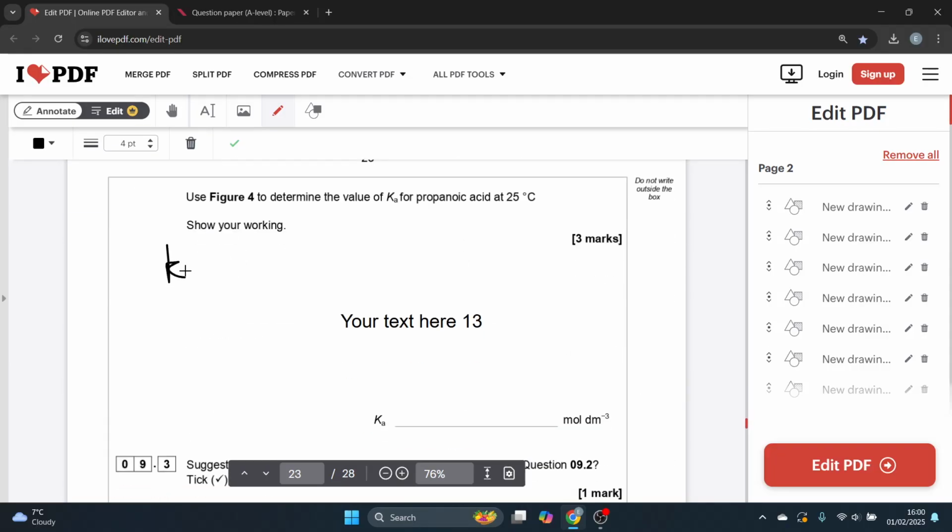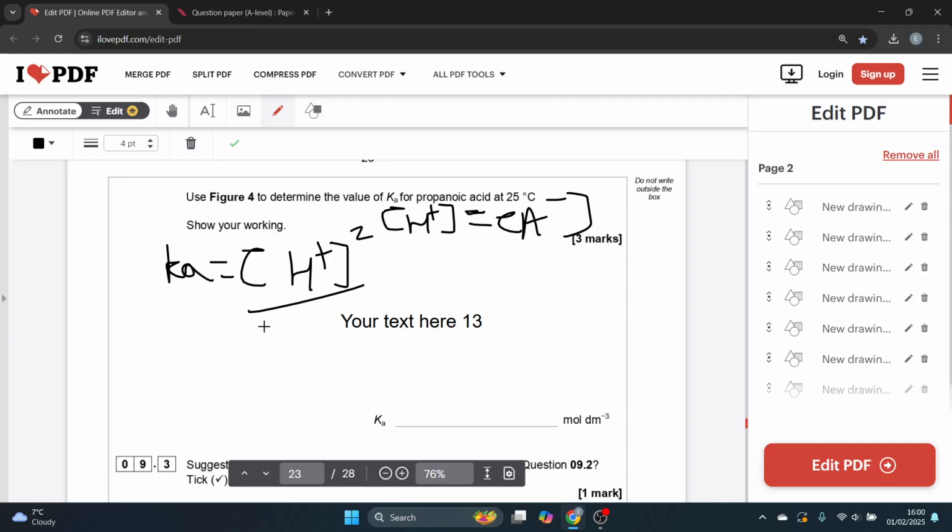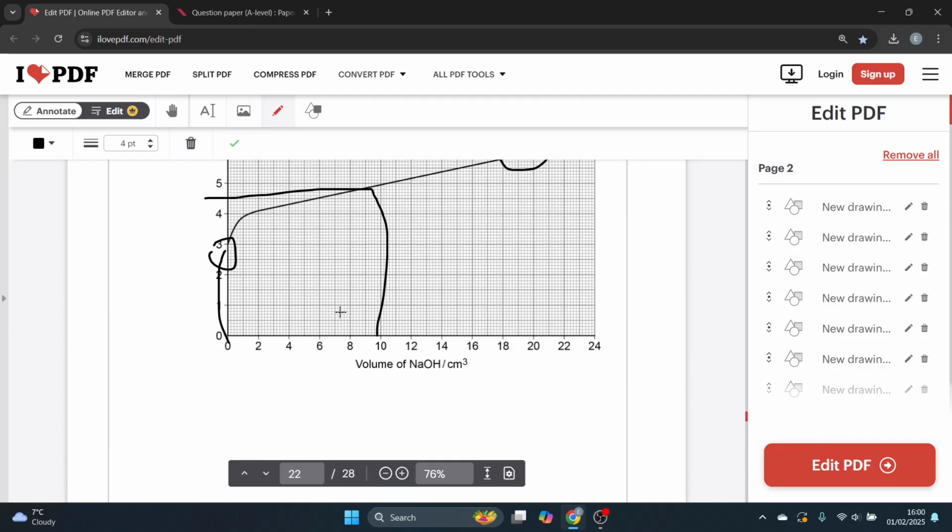So if it's pure acid, H plus ions is equal to A minus ions. So it's going to be H plus squared instead of H plus A minus, divided by HA. H plus squared divided by HA, because this is pure acid. 0 centimeters cubed of sodium hydroxide was added. So I just read it from the graph.